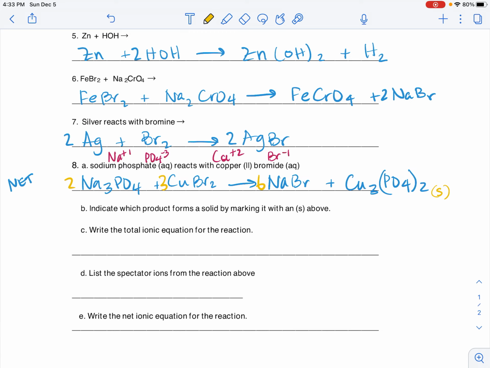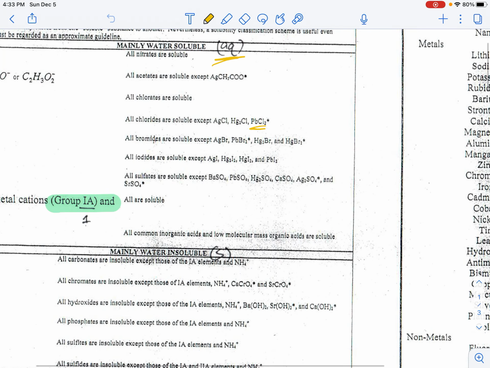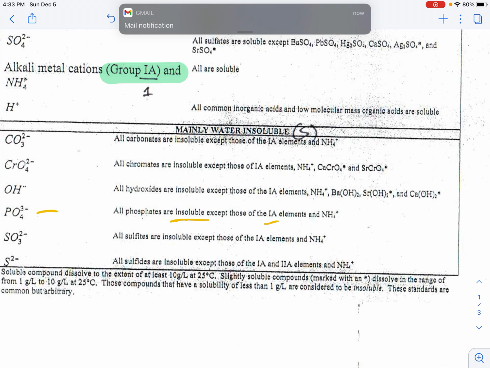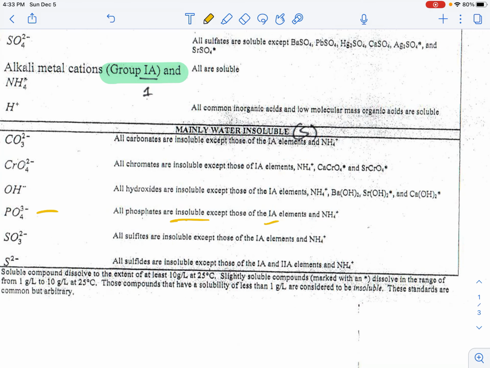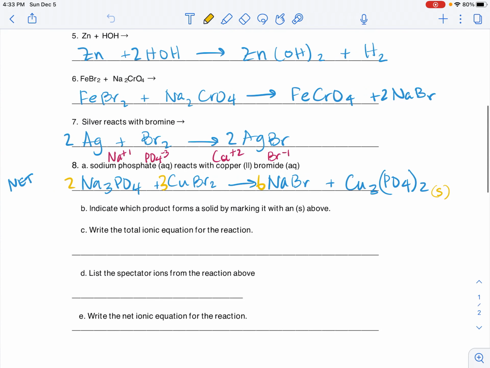But you can verify by looking at the solubility rules for phosphates right here at the bottom. All phosphates are insoluble. They all form solids except group 1A elements, and this phosphate is not a group 1A element. So it's going to be our solid, like I have indicated there.